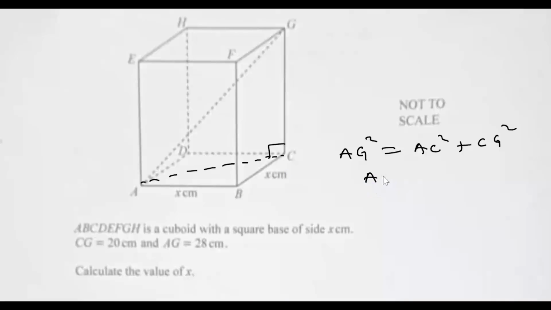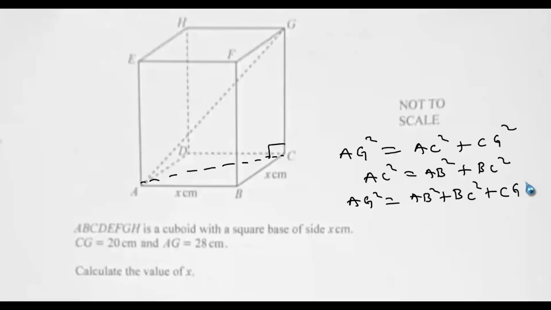So I can substitute AC squared into this one here. So I have AG squared equals AB squared plus BC squared plus CG squared.